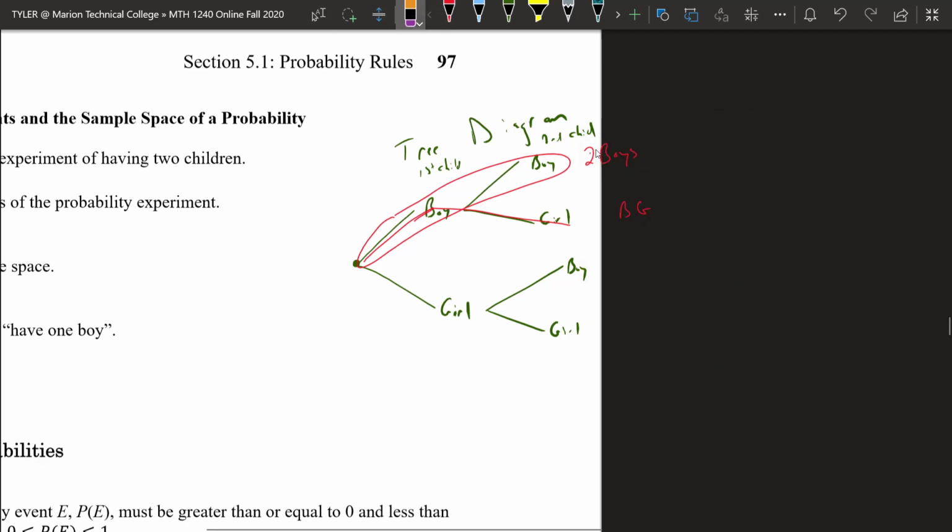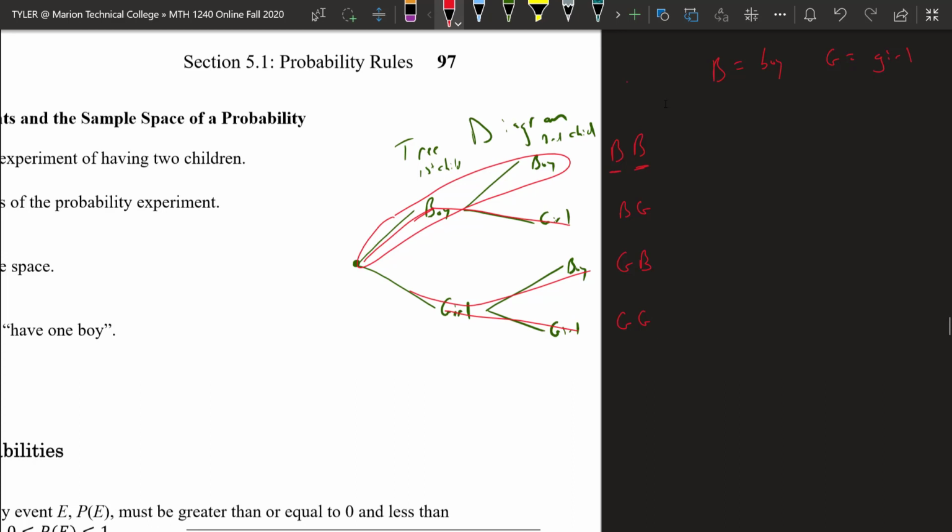So we'll use 2 letters like BB, where B is, of course, boy, G equals girl, and the first letter written is going to be the first child, and the second letter written is going to be the second child, right? So that's one way we can easily do this. So then if I follow this path, this would be GB, girl, then a boy, and then here this would be 2 G's, right? A girl, girl.